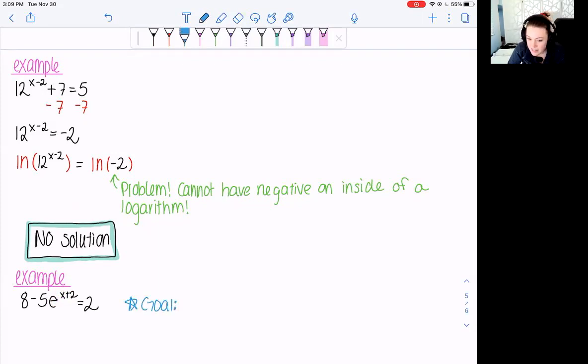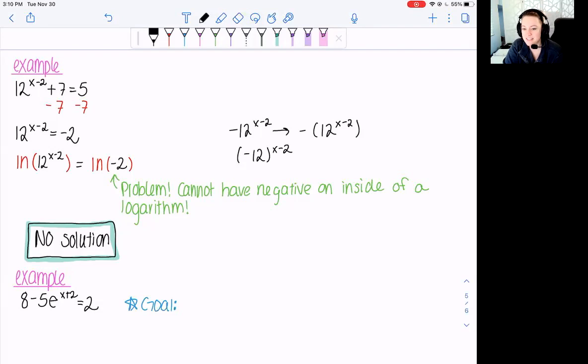What if a number had a negative in front? So if you have negative 12 raised to the x minus 2, if there's no parentheses here, it actually means that the negative isn't attached to the base at all. But if you had this, where it was explicitly in the base, you wouldn't have that, because we can't have that.